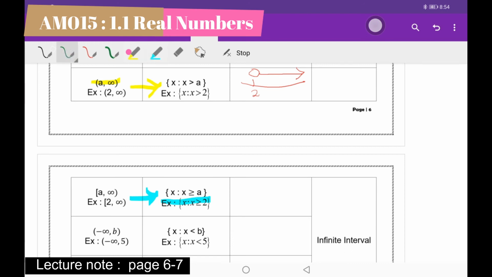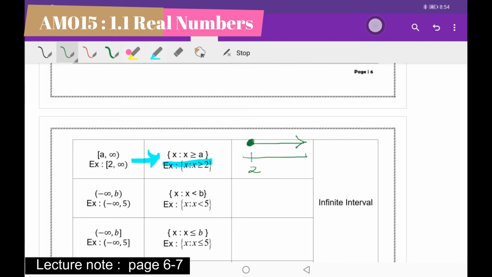So draw a line and write down the number 2. The same thing, you don't have to label infinity. Because 2 is using a square bracket, hence you need to use a dense circle and make an arrow towards positive infinity. Okay.